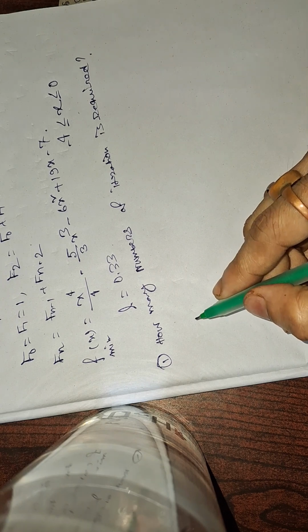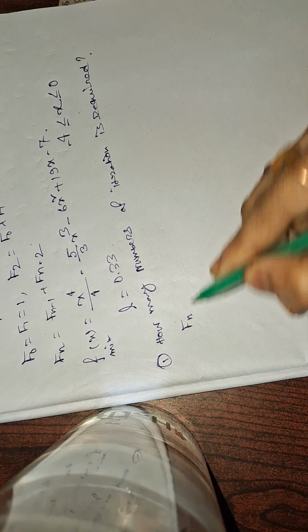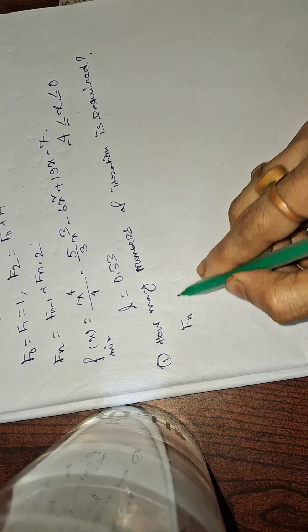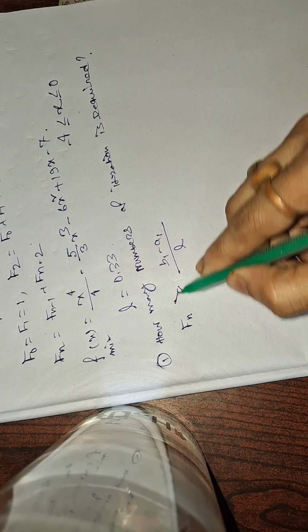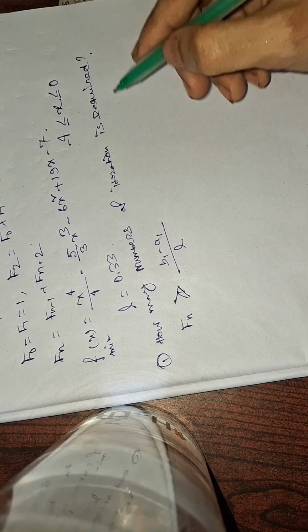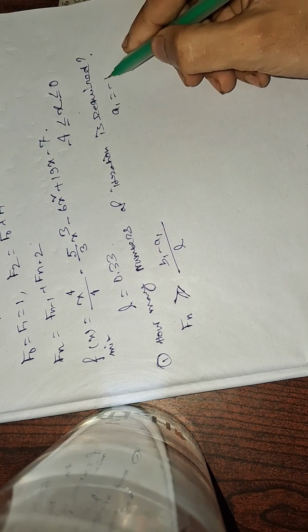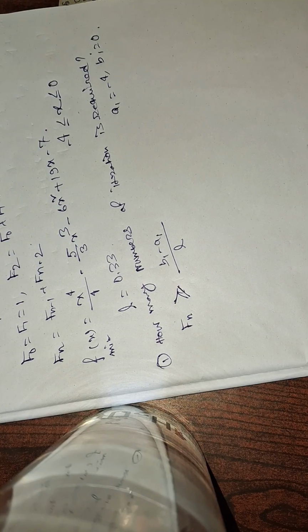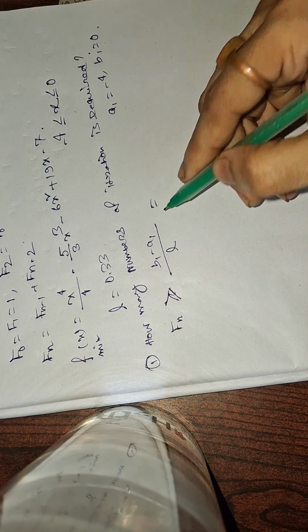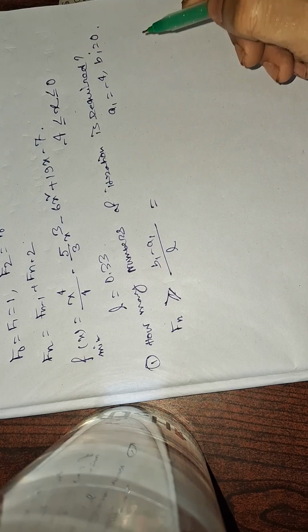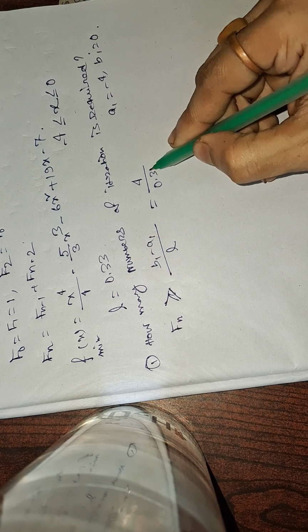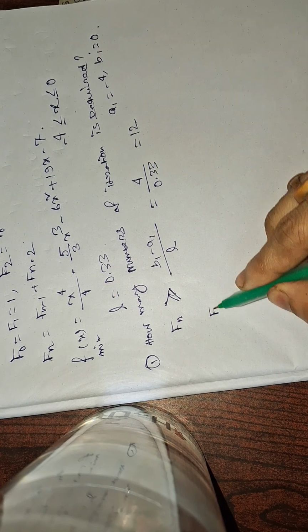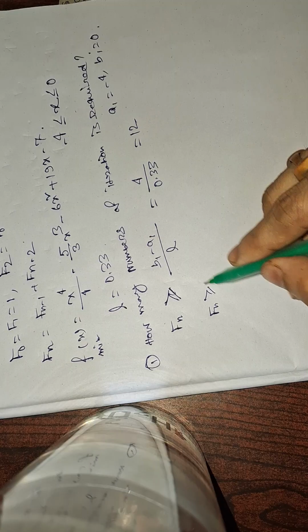In this case we need to know that fn is greater than or equal to (b1 minus a1) divided by L, where a1 is minus 4 and b1 is equal to 0. So 4 divided by 0.33 equals 12. So fn is greater than or equal to 12.